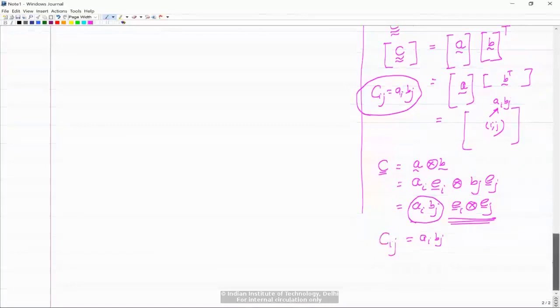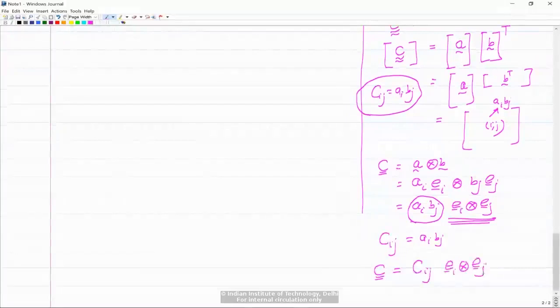But in general, a tensor C will be such that it is Cij ei tensor product ej. Okay, you can relate it with a vector v, when I write it as vi ei. So what is this? You are basically expressing this vector v in the E1, E2, E3 coordinate system, and then vi's are the components, right? So E1, E2, E3 are the basis of the vector.